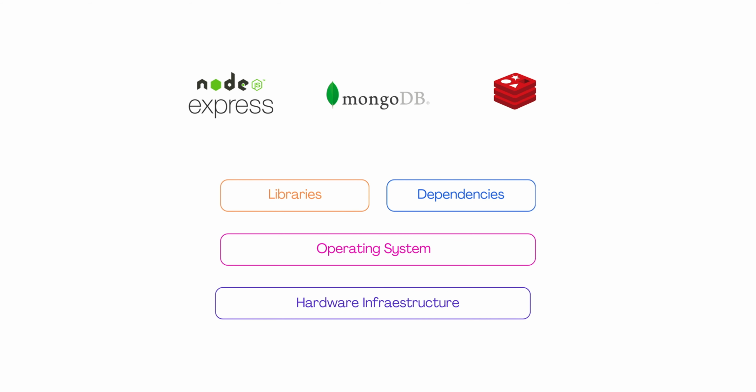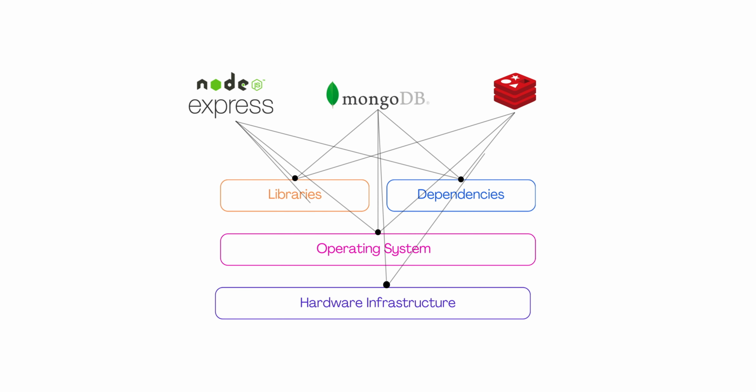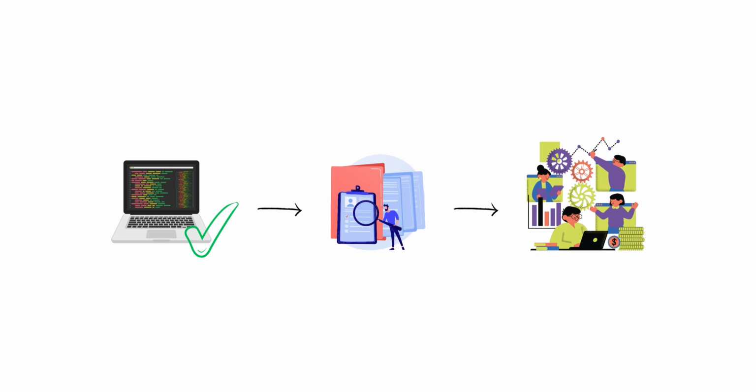Since different applications shared the same server, that led to potential conflicts with various dependencies, libraries, and configurations that had to be managed. Once the application was ready, developers had to pass on the detailed documentation and instructions to the operations team.